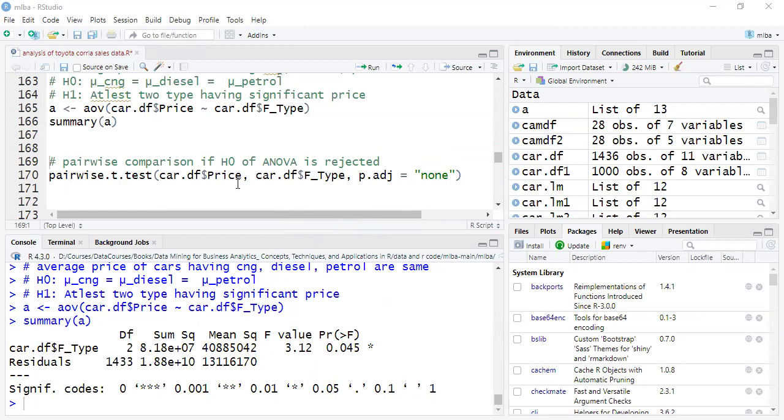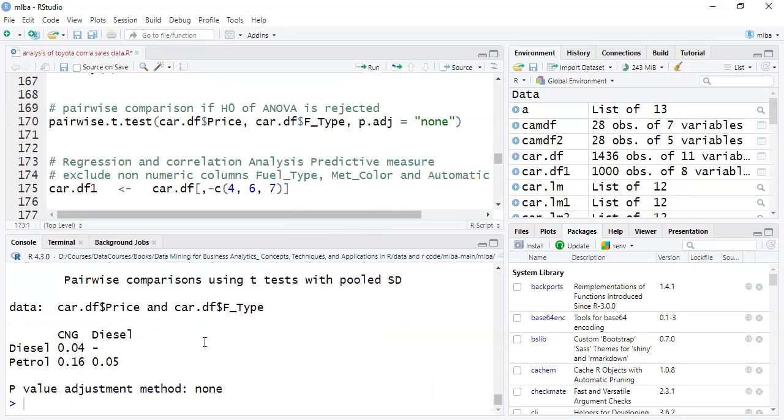Before moving next, run this command. This is the output. What is this output indicating? It is comparing diesel with CNG. These are the compared p-values.